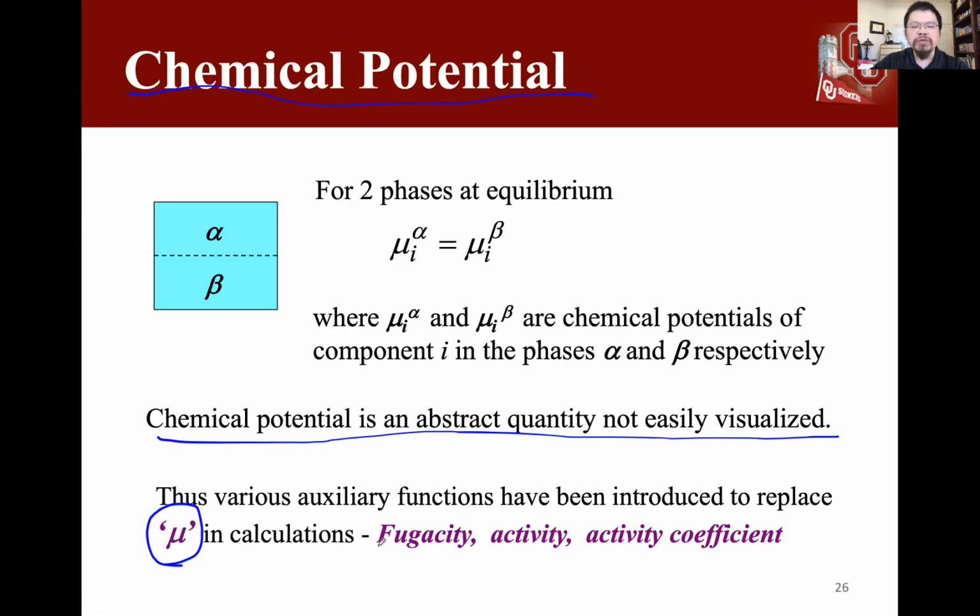Moving forward, we will talk about fugacity, activity, and activity coefficients. Although they also look awfully abstract, I will show you that in a few minutes we will have equations for the fugacity and the activity, and together with those coefficients we can easily measure those quantities and understand the chemical potential. So let's move on.